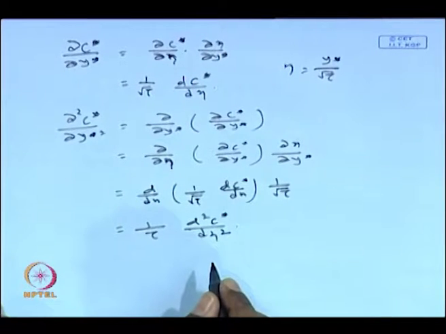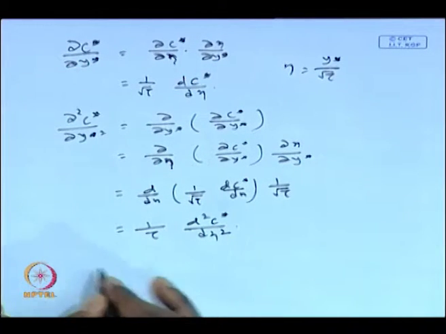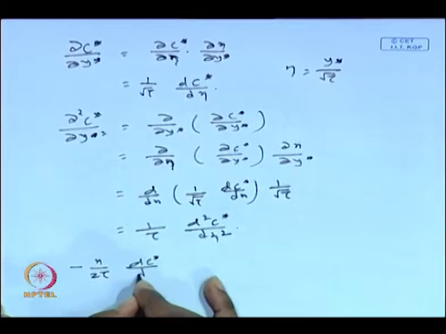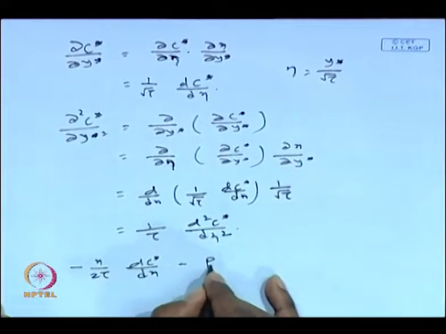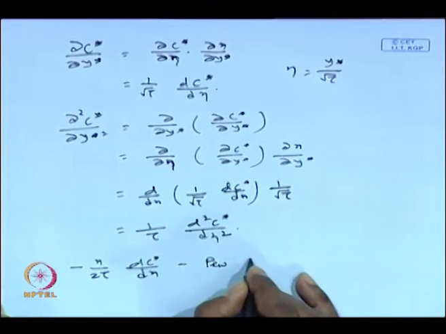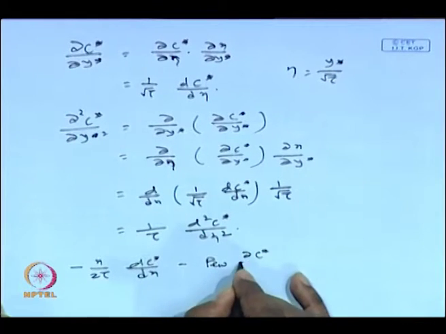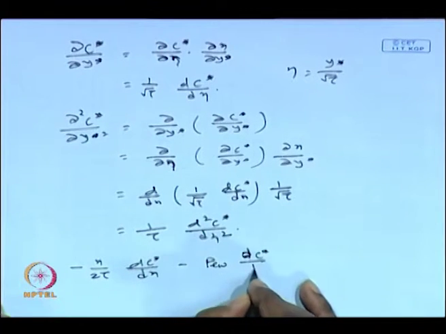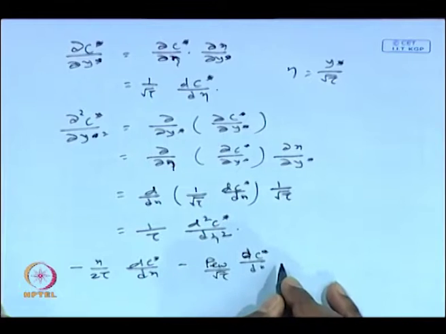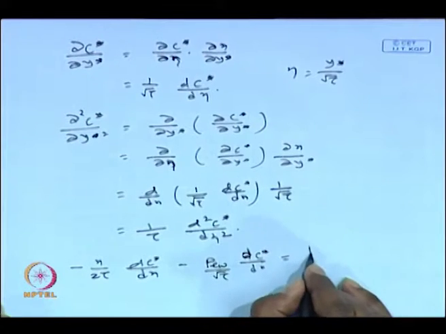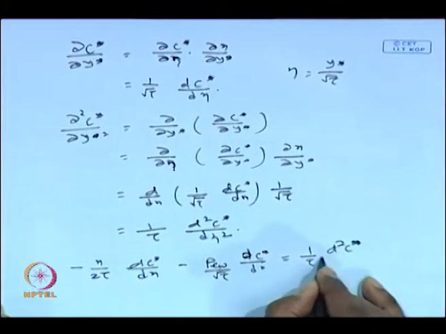Now, you can substitute in the governing equation. ∂c*/∂τ becomes minus η by 2τ dc*/dη, minus Pw times ∂c*/∂y*, which becomes 1 over √τ dc*/dη, and ∂²c*/∂y*² becomes 1/τ d²c*/dη².